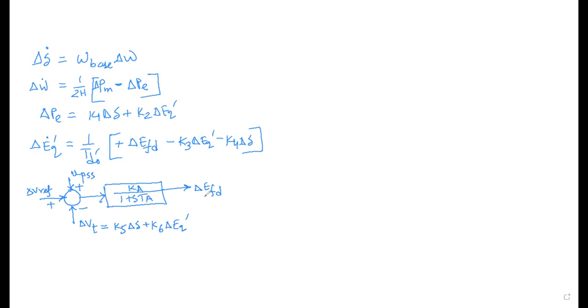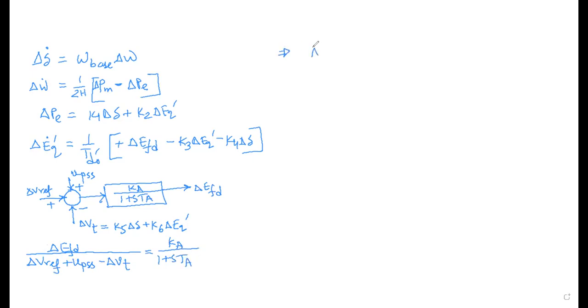So now we have to simplify this block and try to find out delta EFD dot from here. So we have output from this block as delta EFD, and input is del VREF plus UPSS minus delta VT, and that is Ka over 1 plus STA.